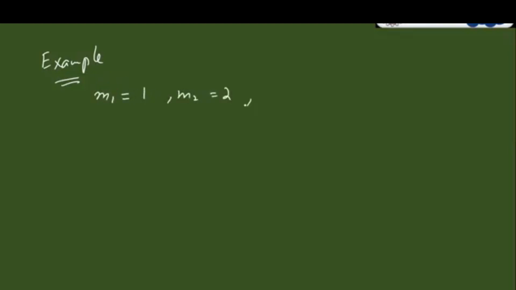If you understand this example, you do not need to bother about anything else. M3, let's say 5, M4, let's say 5, and M5, let's say 2 plus 3 iota, and M6 is 2 minus 3 iota.